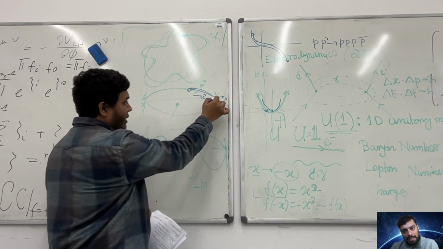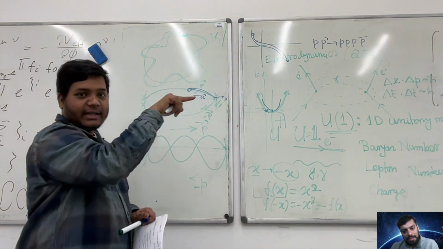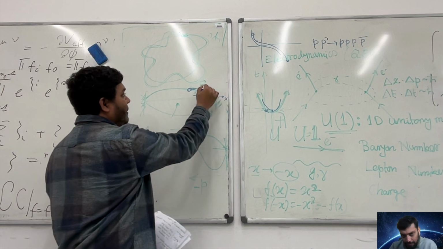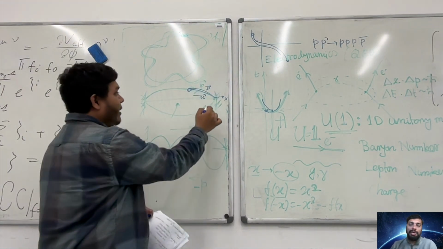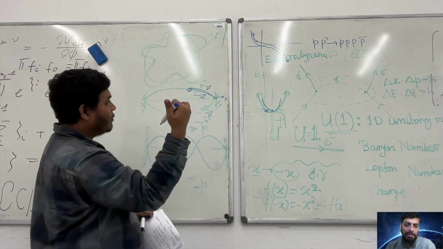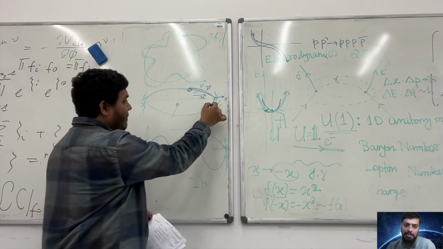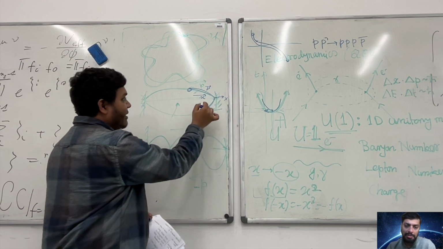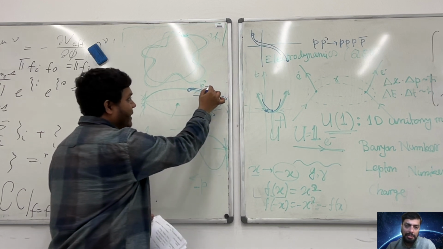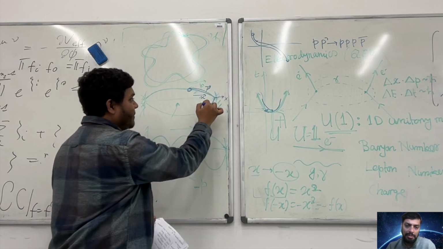When it reaches this point, it's moving along the x direction and it has a positive momentum. But when it's moving in the backward direction, which is minus x, your momentum was plus p here, and here it is minus p.